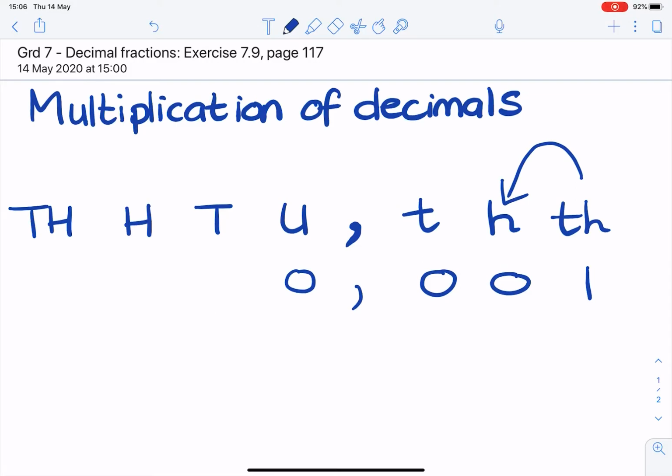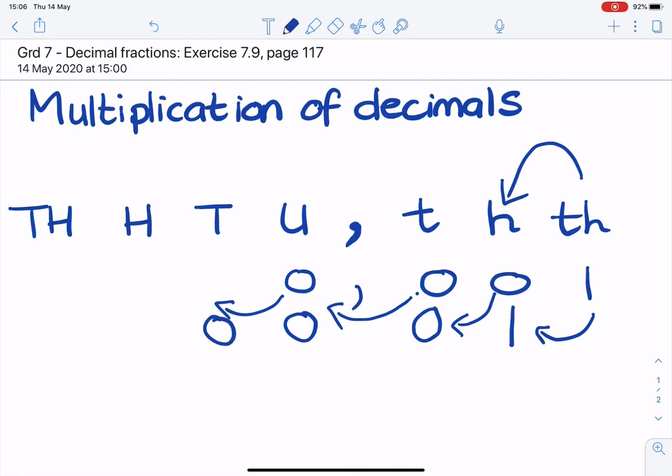So the 1 is going to move into that column. That 0 is going to move into this column. That 0 is going to move into that column. And that 0 is going to move into that column. So you can see that the whole number has been picked up and moved one space to the left.